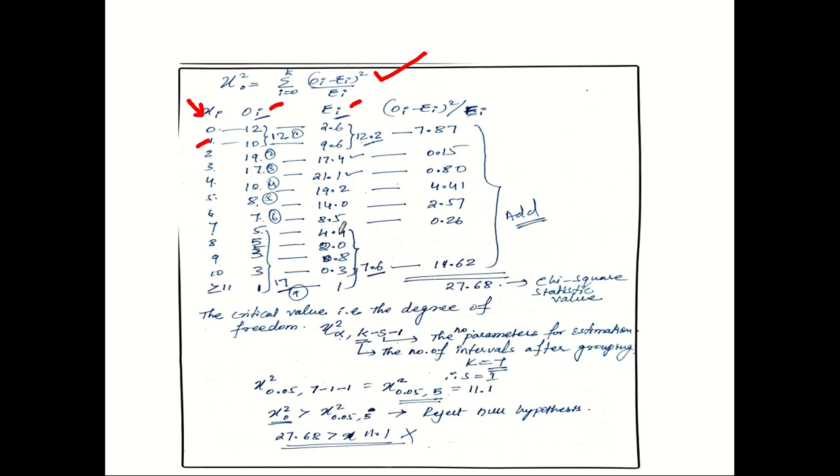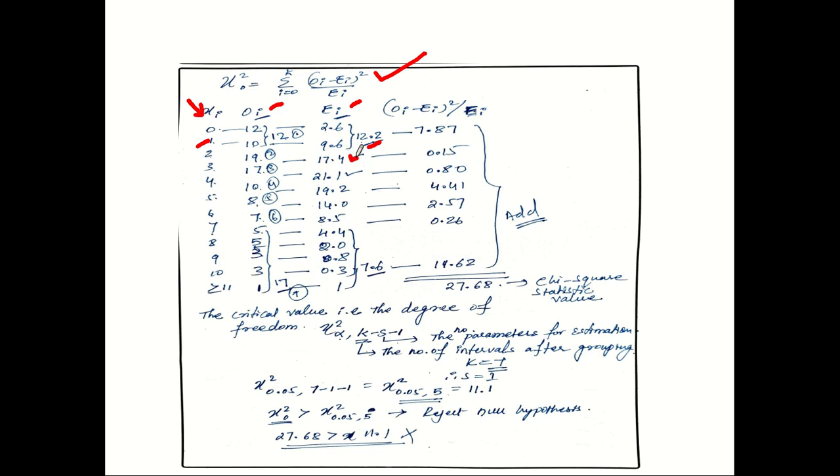After writing all expected values, the next step is to check the expected values which are less than 5, and if a value is less than 5, then you have to combine it with the adjacent expected value. Let us start from the beginning. The first expected value is 2.6, which is less than 5, so you combine it with the second expected value, and we get 12.2.